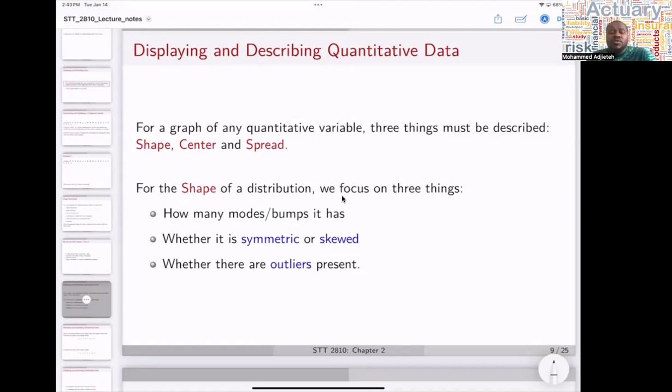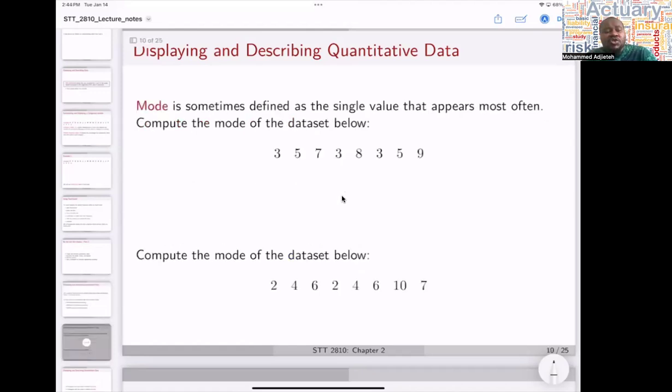And so to be able to tell how many modes a graph has, first let's try to understand what a mode is. Mode is usually the data point that appears the most. So for example, when we look at this first data set here, and we are asked to compute the mode, like I did say, it is the data point that appears the most.